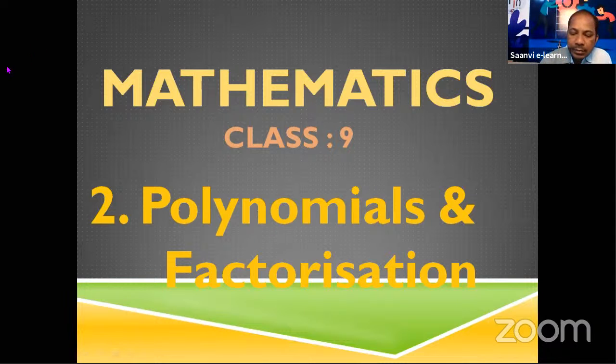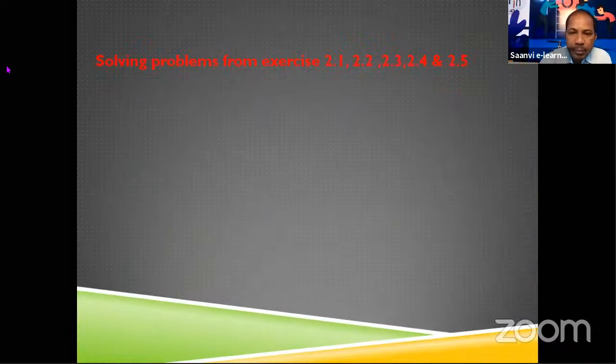Okay, very good, children. So the chapter name is polynomials and factorization, and the aim of the topic is knowing about polynomials and solving exercise problems from 2.1 to 2.5.